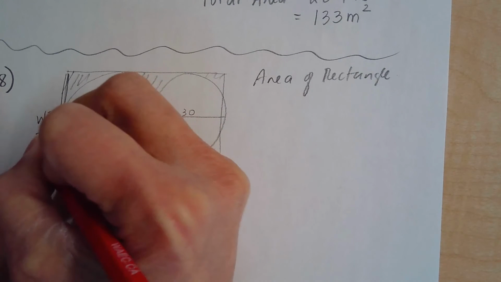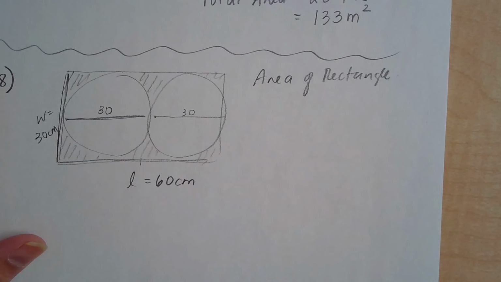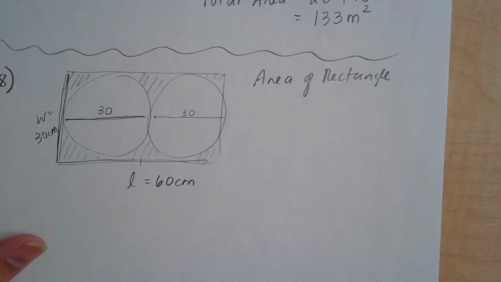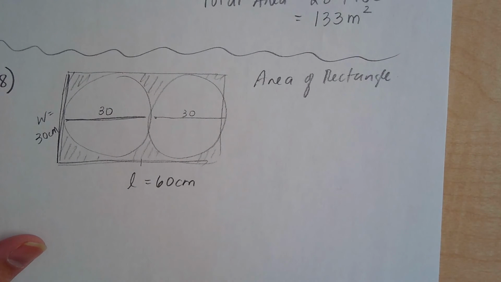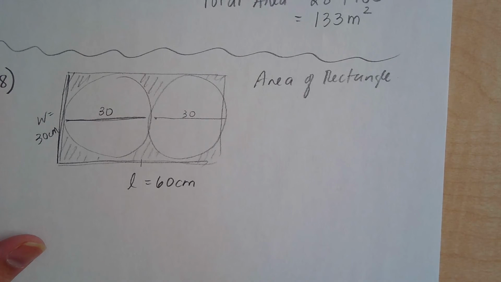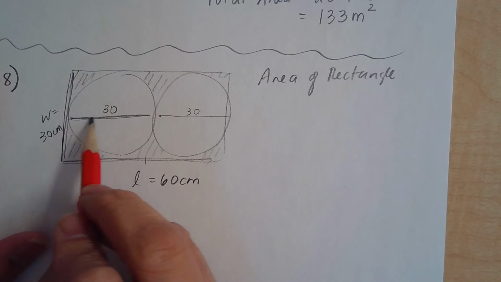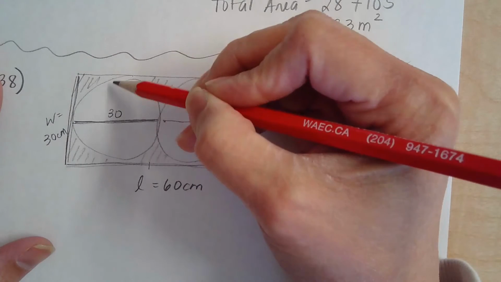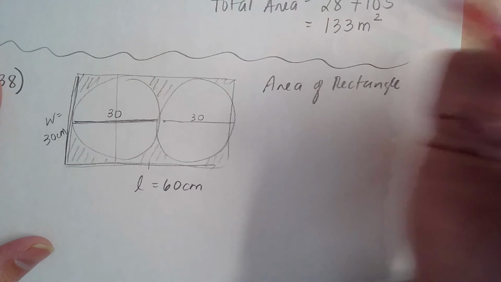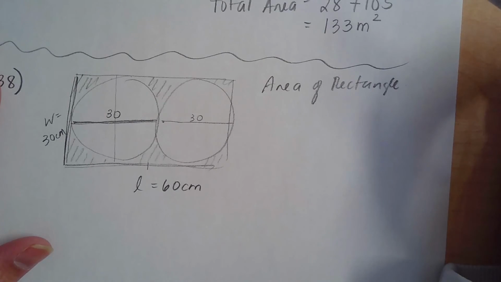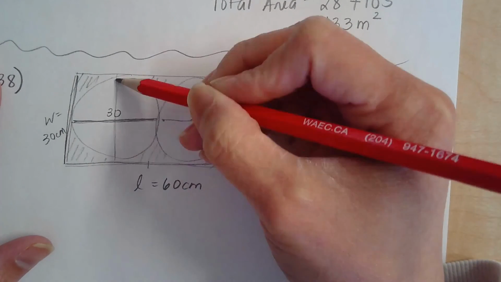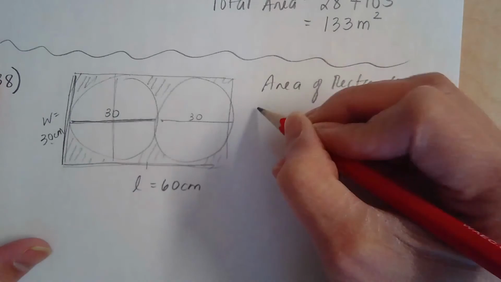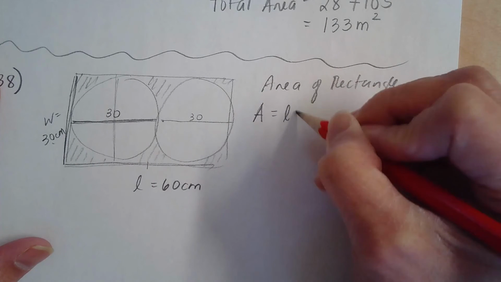It's 30 centimeters. So how did you figure that out? The diameter, right? Although it's written this way horizontally, the diameter could also be done vertically. That's also 30. That's why it's 30.